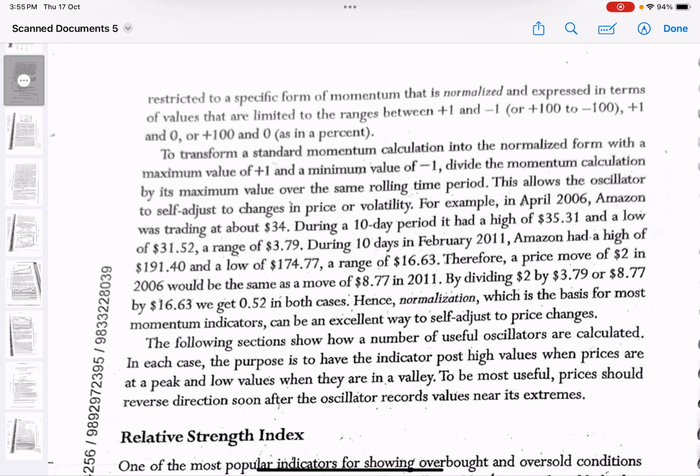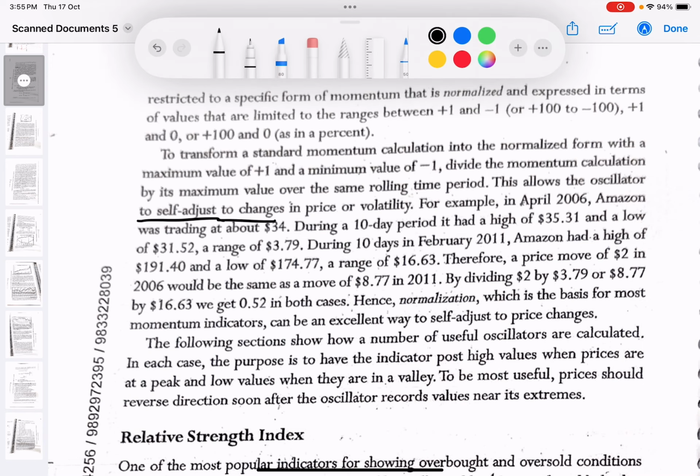Because in this calculation, volatility is taken into account, so you'll not have any sort of whipsaws in your trades. That's what they have written, to self-adjust to changes in price or volatility. For example, in April 2006, Amazon was trading at $34. During a 10 period, it had a high of 35 and a low of 31 and a range of 3.79.